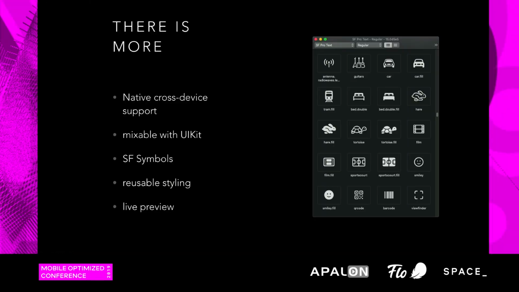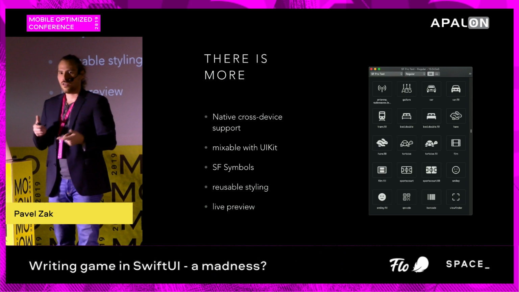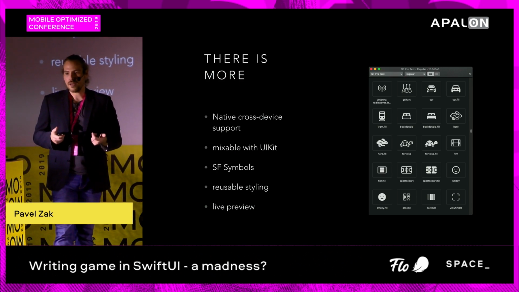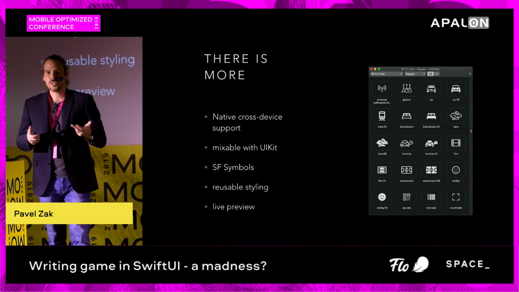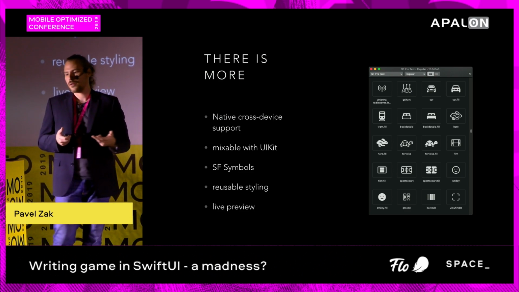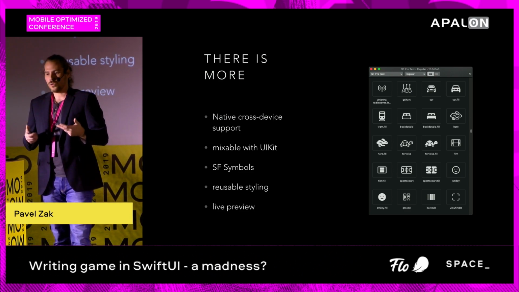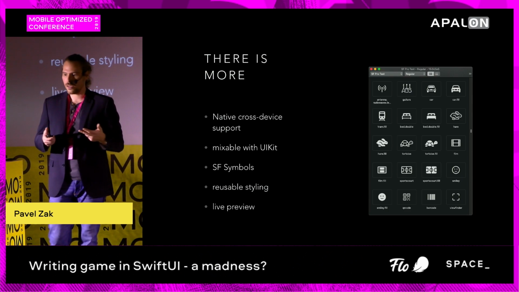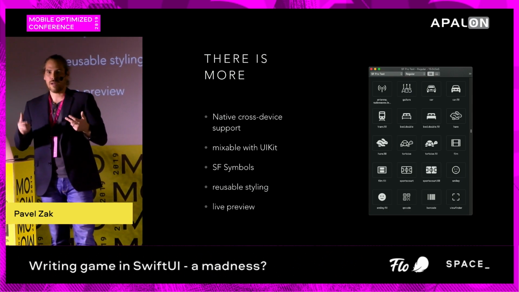But of course there is more. As I already mentioned, you have cross-device support. You are able to mix any SwiftUI code with UIKit and vice versa. A new set of icons, SF Symbols, has been introduced that allows you to use icons basically in a similar manner as text.